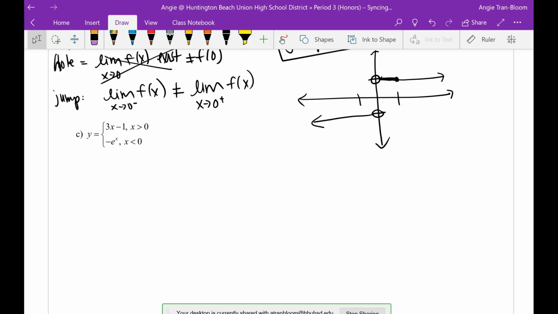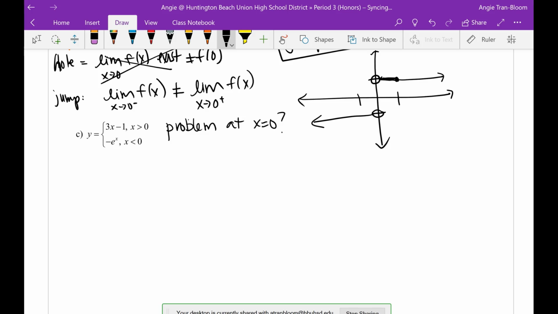Okay. C, piecewise, which is kind of similar to our B once it's broken down to pieces. Okay. What is the x value in question? 0. Problem at 0? Okay.